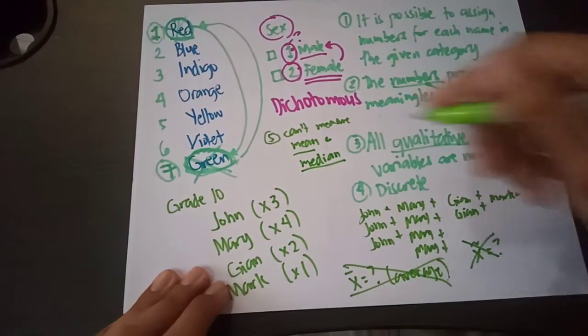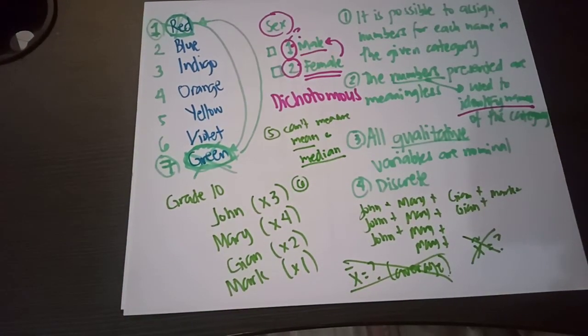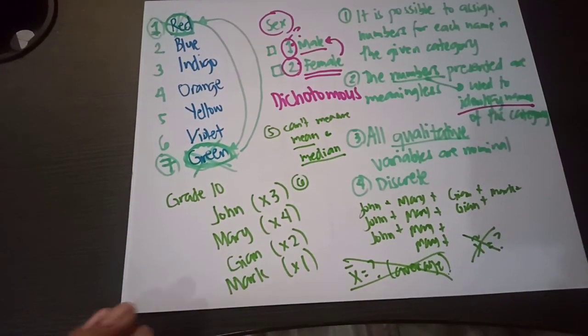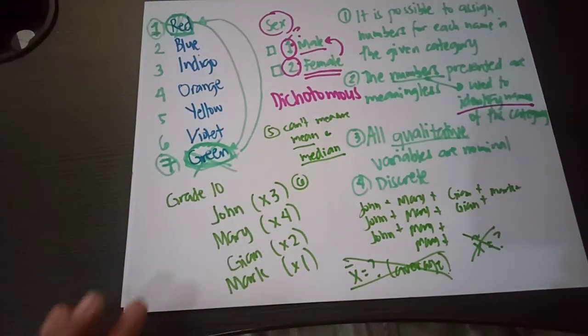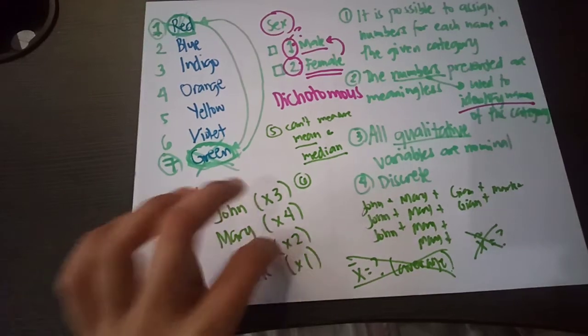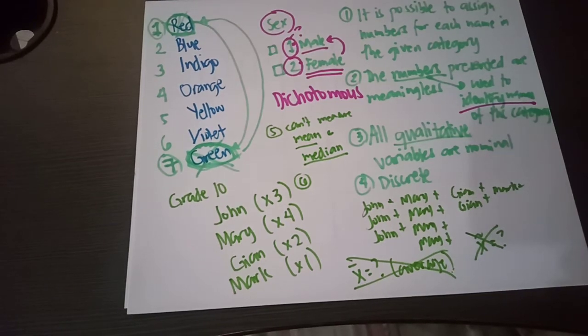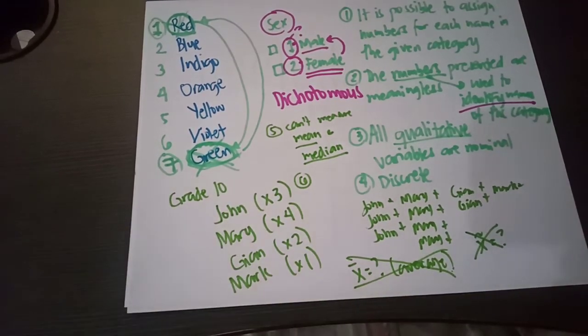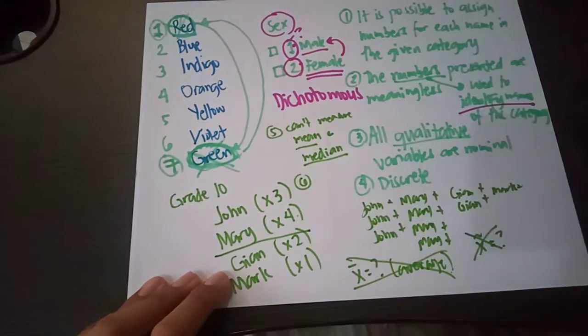So, what is the only measure of central tendency the nominal scale can measure? Let's say we have John, Mary, Gian, and Mark. John appeared 3 times, Mary appeared 4 times, Gian appeared 2 times, and Mark appeared 1 time. So, we have different frequencies. The most frequent name that appeared in the grade 10 class is Mary, which appeared 4 times.